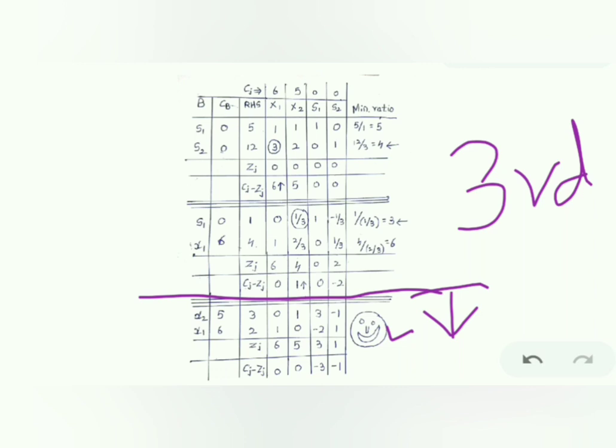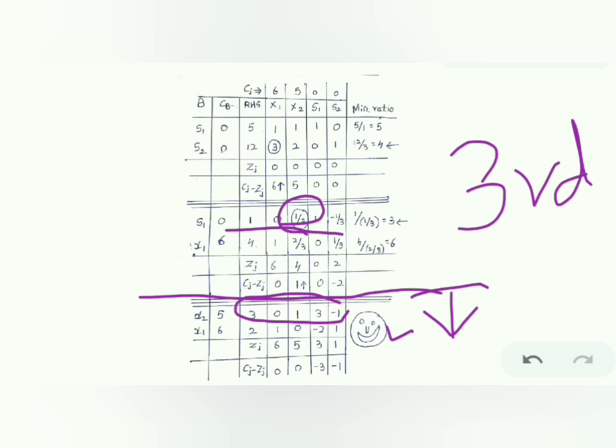We need to make this 1 by 3 as 1. I will multiply all these things by 3. So we will get these values. We are going to get these values if we multiply by 3, because we want to make the key element, that was previously 1 by 3, as 1. So that we will get all the new row values.